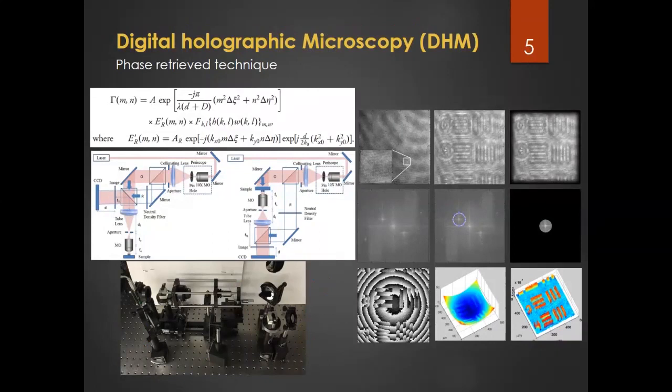We apply some pre-processing steps to convert into the Fourier transform, crop the image, and put it back into the spatial domain. So digital holographic microscopy can produce a very nice image of the phase of the object.